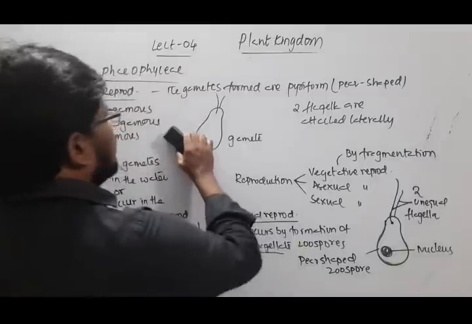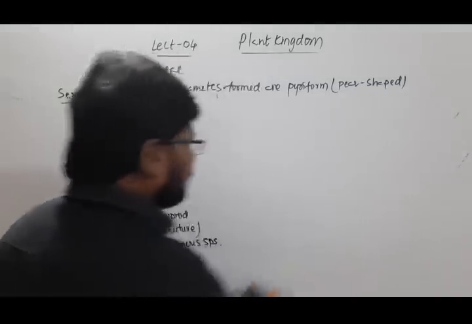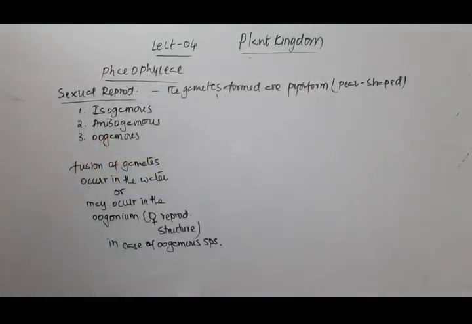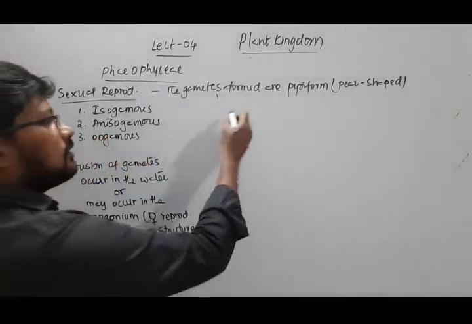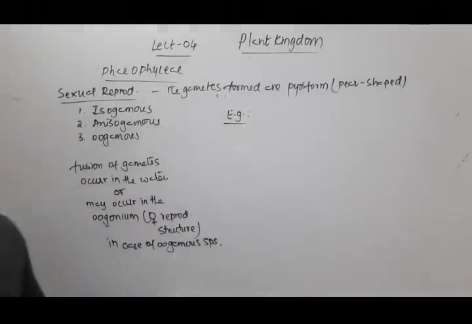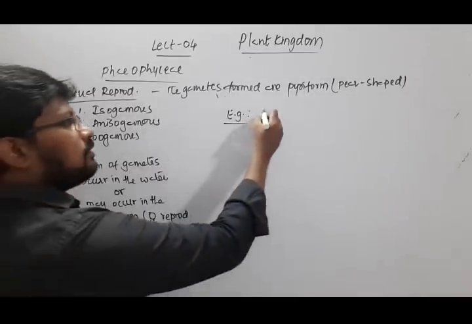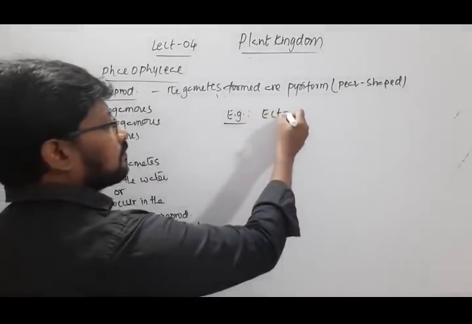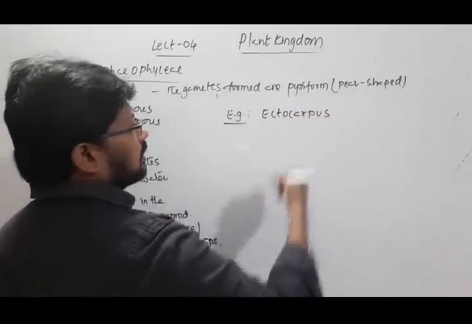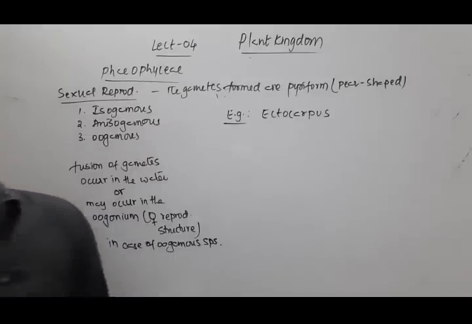Now let's look at some examples of this group Phaeophyceae. The examples include Ectocarpus. This is the filamentous form, a very simple form we see in this group.